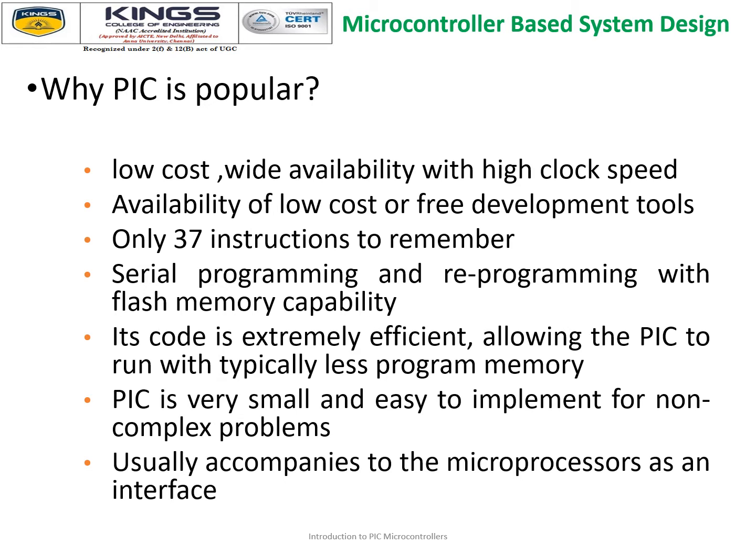It usually accompanies the microprocessor as an interface so that it can be connected to several microprocessors or controllers. So these are some of the features which make PIC so popular.